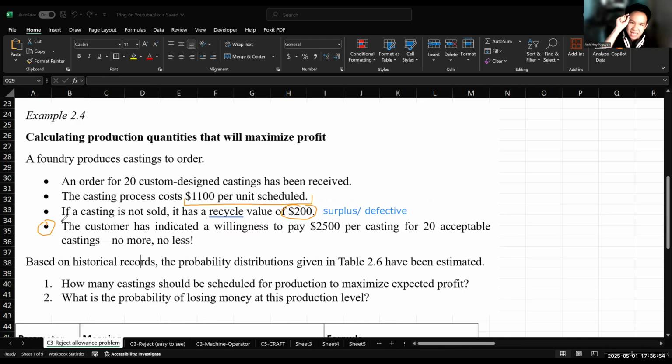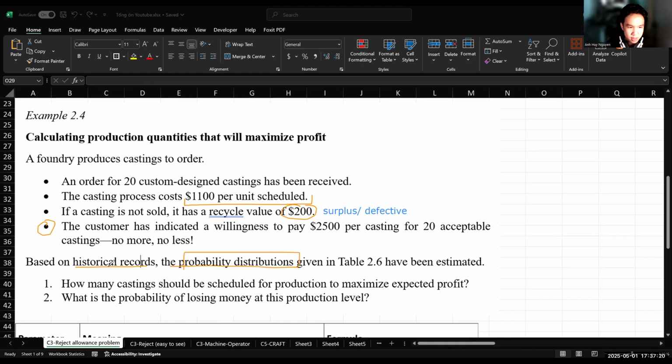They only buy exactly 20 good castings. So if you produce more than 20, for example 21 good castings, they only buy 20. You will have to recycle the other good casting. Okay. So based on these historical records, you are given the probability distribution.